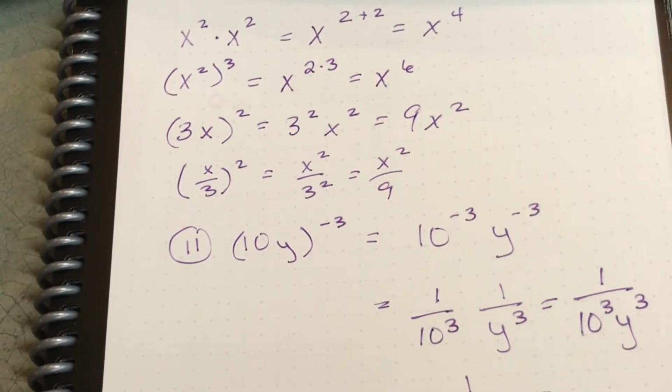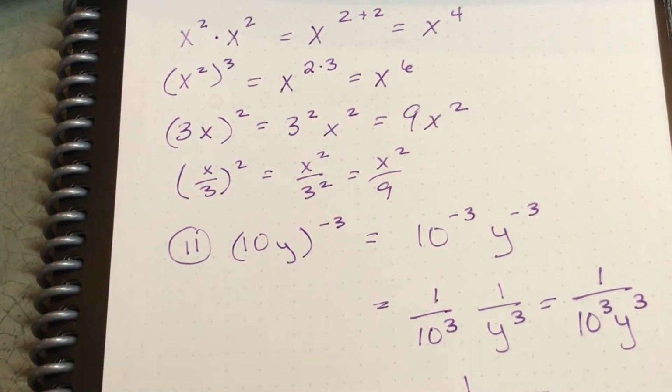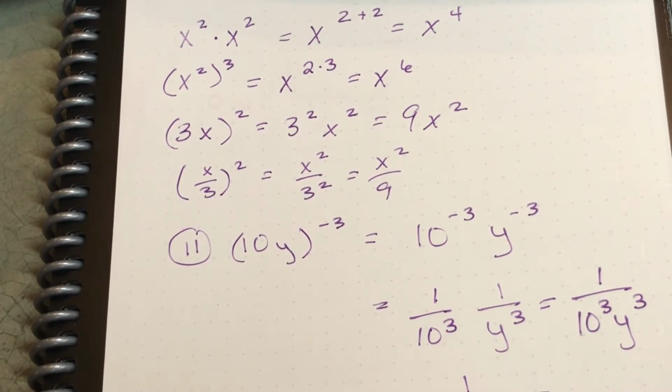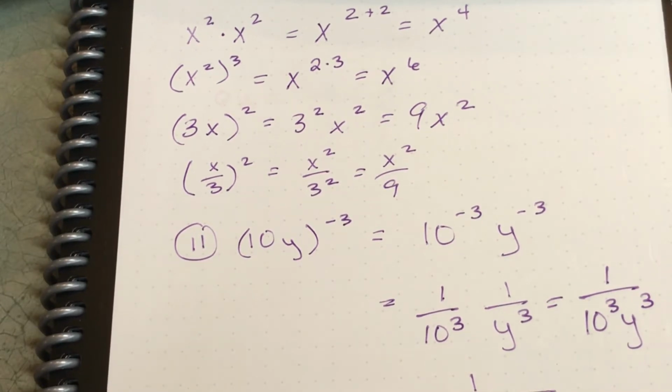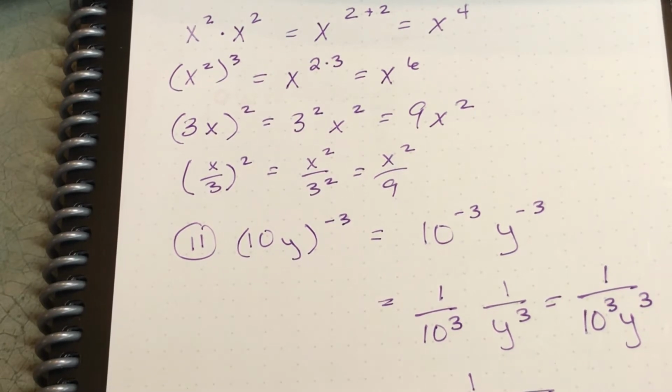Okay, and then like number 12 here, we have 4 over n, that's all negative, to the 5th power. So thinking about the negative, if we have 5 negatives all multiplied, these two make a positive, these two make a positive, but we still have this one left over.